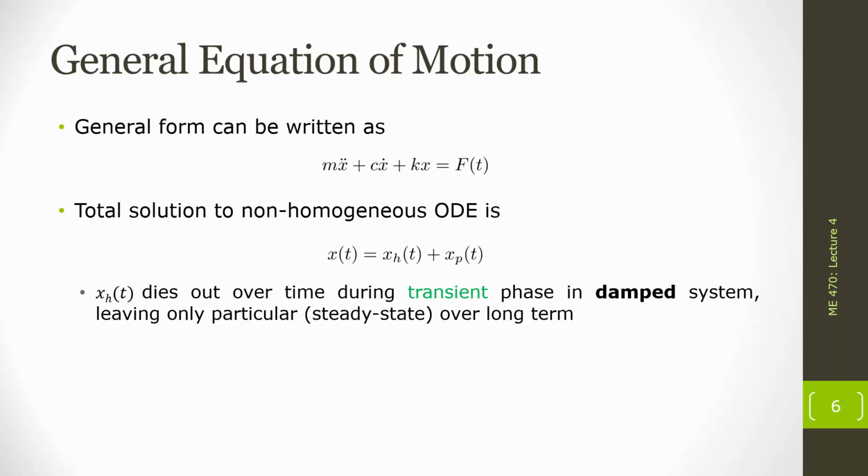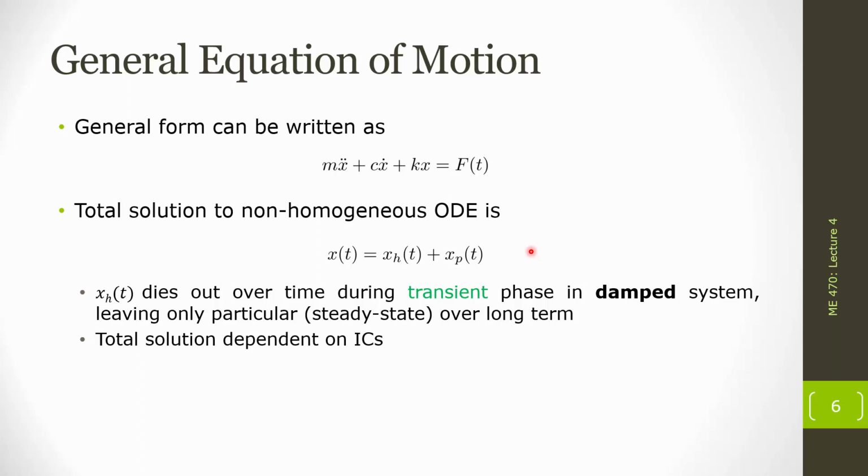A small difference we also saw from the previous section with free vibration is that this total solution, this x of t, is going to depend on our initial conditions. So we can't apply our initial conditions simply on the homogeneous part. We must apply the initial conditions on the homogeneous part plus the particular part.